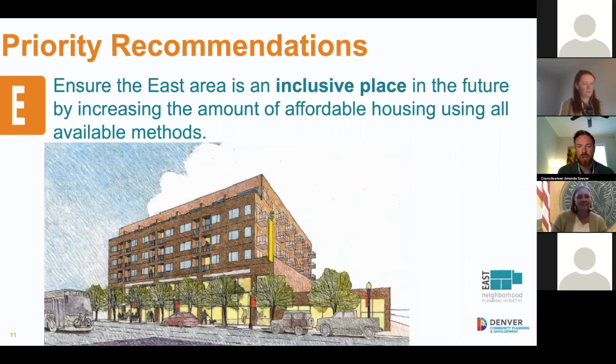It's projected to continue to grow over the next 20 years, and if we don't sufficiently increase the supply of housing in our neighborhoods, then prices will rise as people move to the city, as we've seen over the past 10 to 20 years. And so making sure that we are keeping the East area an inclusive place in the future by increasing the supply of affordable housing in particular, using all of the methods we have at our disposal in the city.